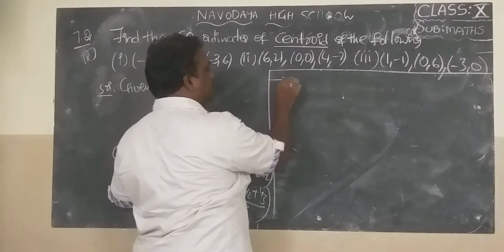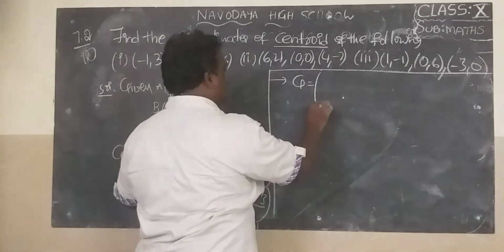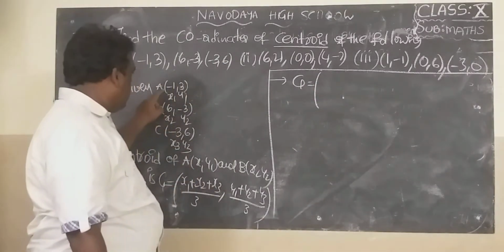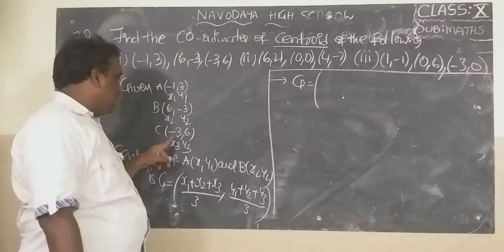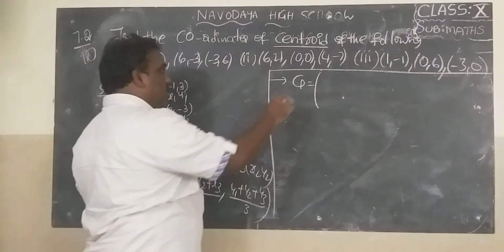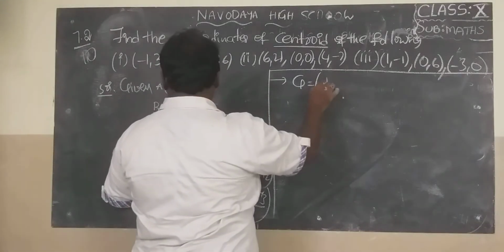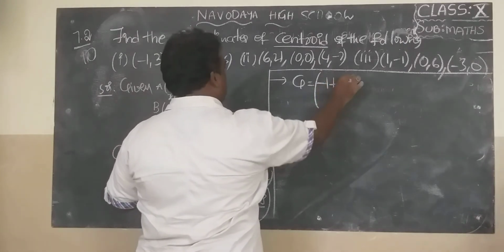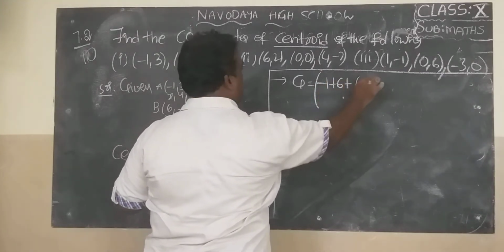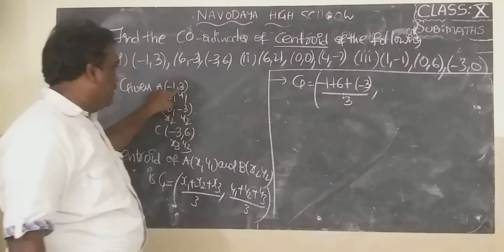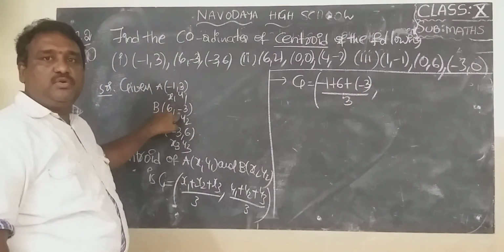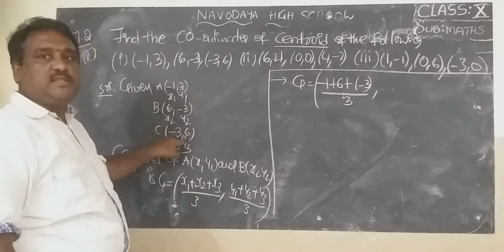Substitute: G equal to, x1 is minus 1, x2 is 6, x3 is minus 3. So minus 1 plus 6 plus minus 3, by 3. Then y1 is 3, y2 is minus 3, y3 is 6.